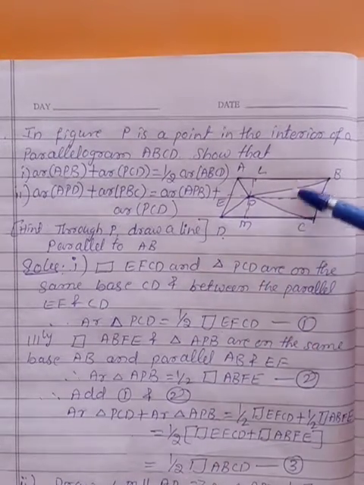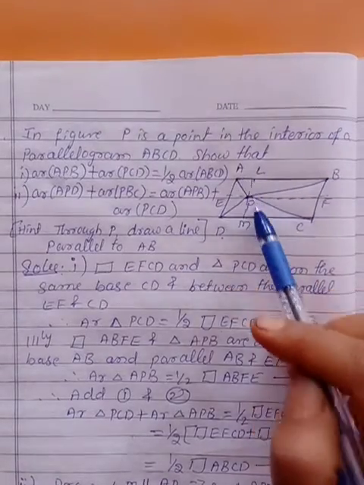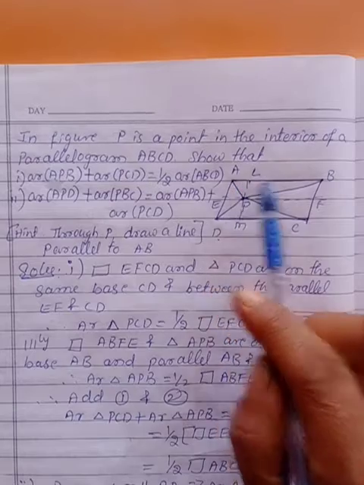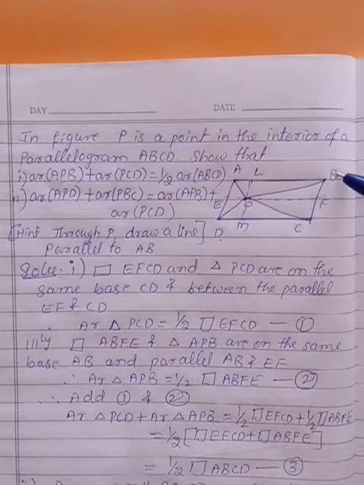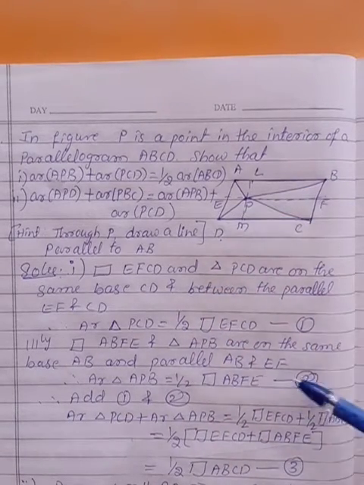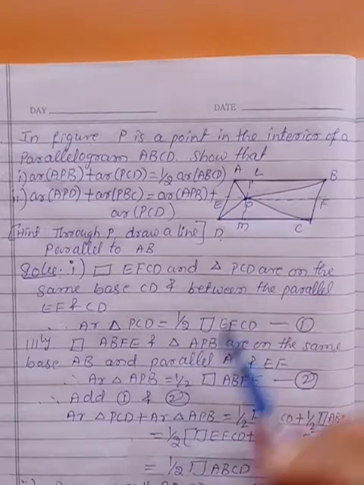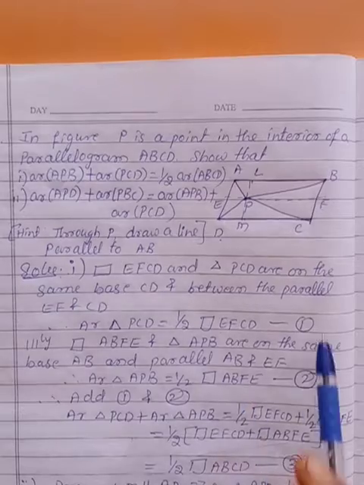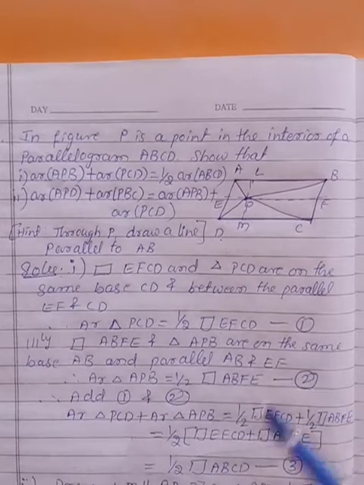In the same way, apply this side. APB and ABFE are having the same base AB, and between the same parallels AB and EF. That's why area of APB will be equal to half of ABFE. Call it as 2. Now add 1 and 2.